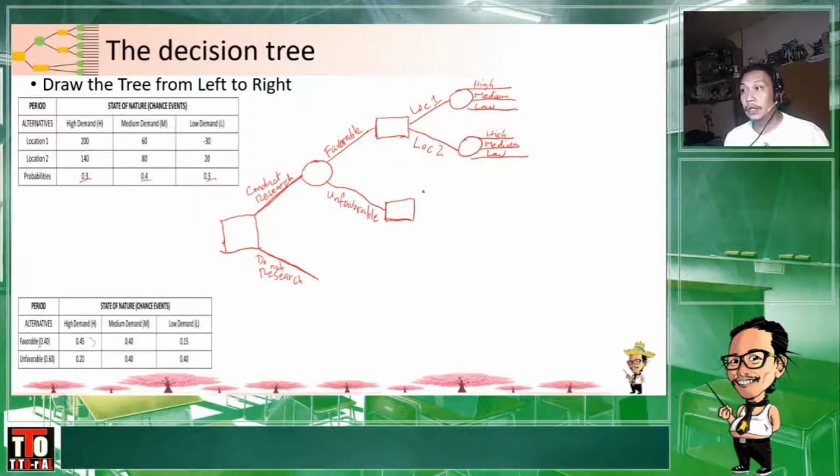So, ibig sabihin, dun sa unfavorable, magkakaroon din tayo ng dalawang state of nature nodes. Ibig sabihin, itong nasa taas, pag favorable, ito ang possible na mangyari kay location 1 at kay location 2. Pag unfavorable daw, dalawa din ang pwedeng mangyari sa location 1 at location 2.